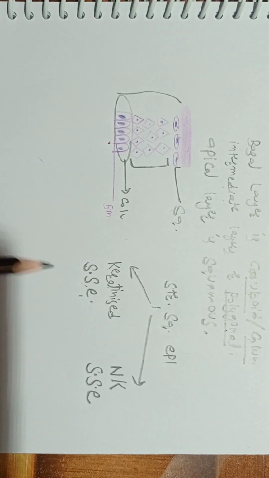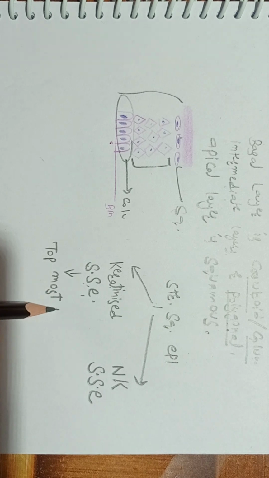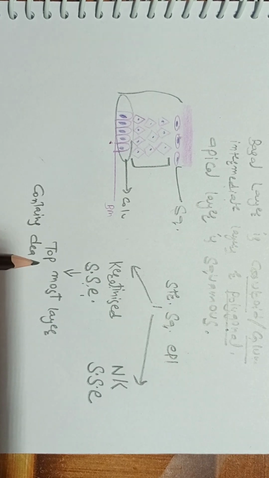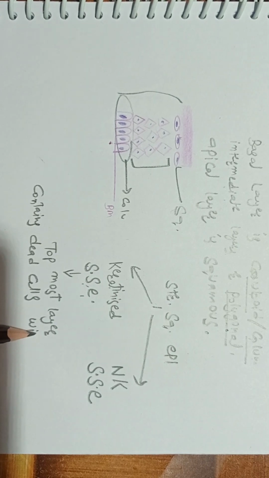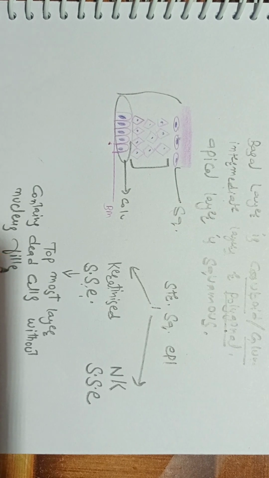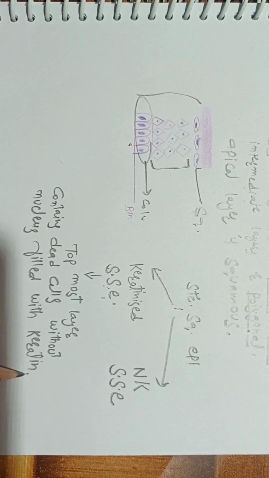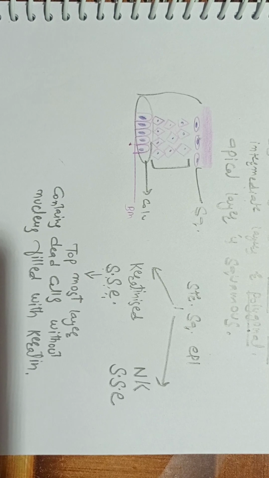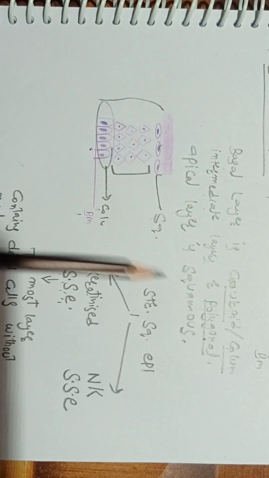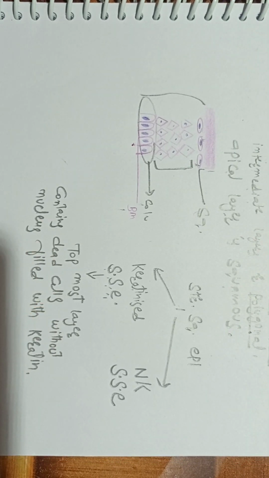So in keratinized stratified squamous epithelium, the topmost layer contains dead cells, without nucleus, filled with keratin. So it is first the basement membrane, then the columnar or cuboidal basal layer, then the intermediate layers are polygonal, then the apical layer is squamous, then the topmost layer which contains dead cells without nucleus filled with keratin.